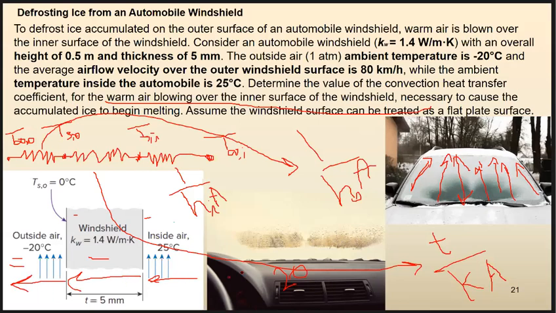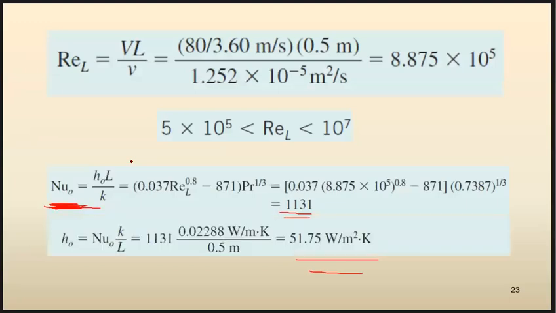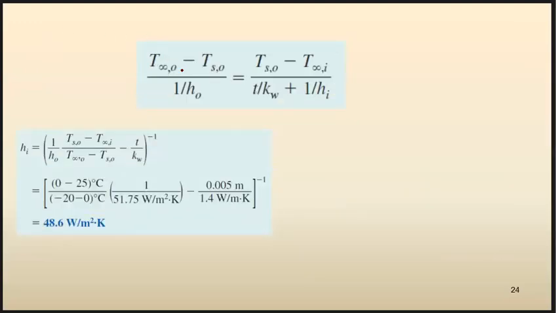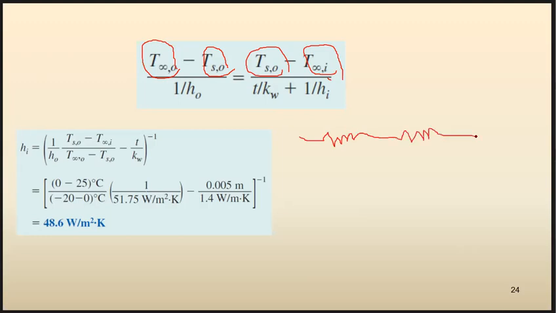And remember that it doesn't matter which nodes we select to write the heat transfer rate based on. So here, the heat transfer rate based on the node at the outside and temperature of the surface is equal to the heat transfer rate based on the temperature at the surface and temperature inside of the car divided by total resistance between these two nodes. I want to draw these nodes and thermal resistance circuit in here.